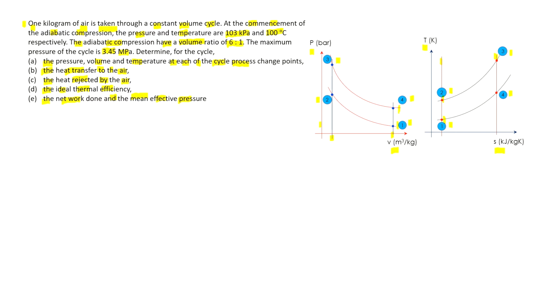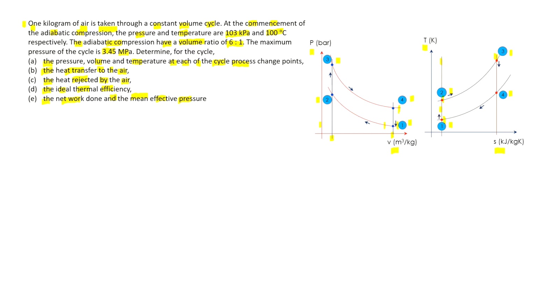Then the next thing you have to look at is the isentropic. From point 1 to point 2, that is where you have your isentropic. So if this is your point 1, make sure that this is your isentropic line. So that is your PV and TS diagram. Then you can put in the arrows.